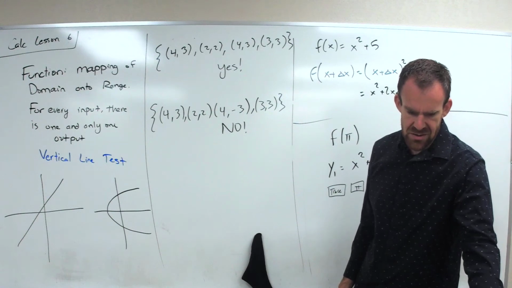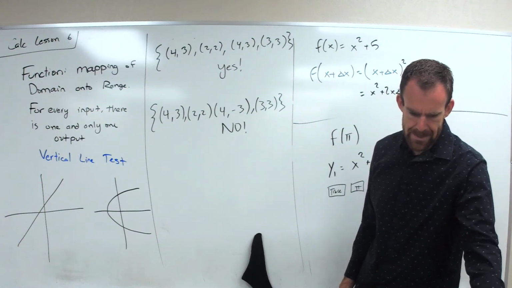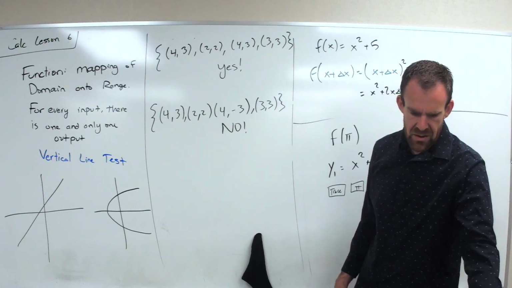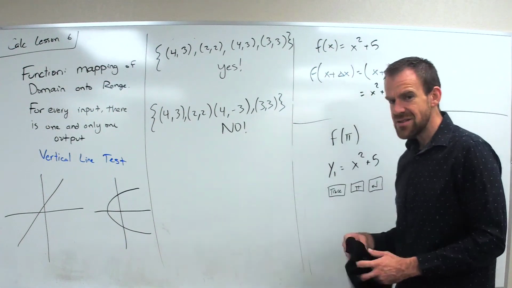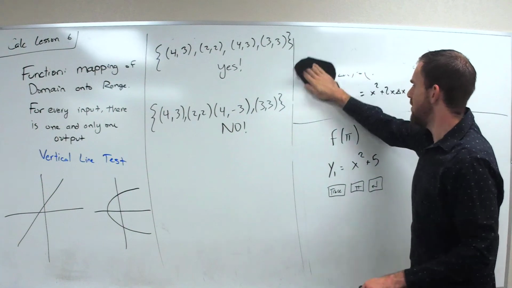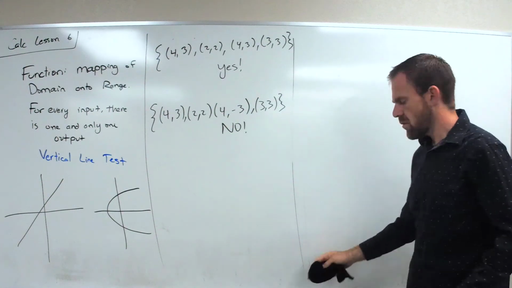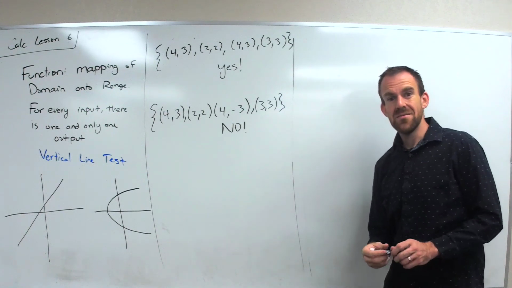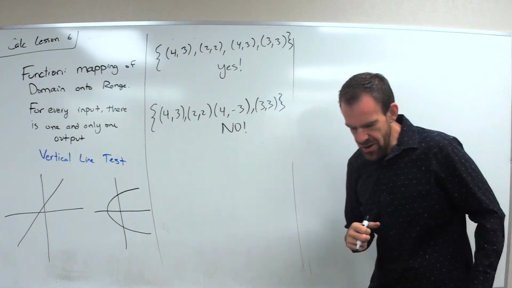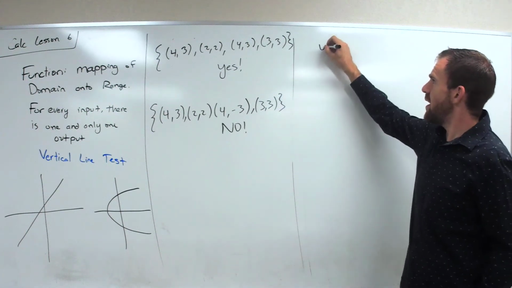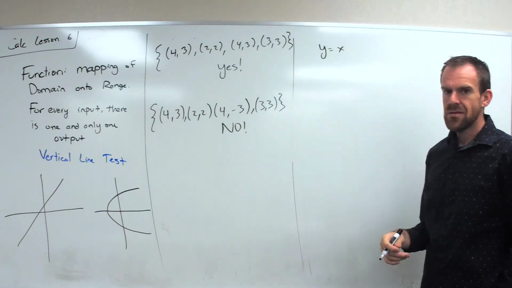Next, we are going to talk about domain and range. So, let's suppose they give you a function. Actually, let's start off with some friendly functions. So, a good function to start with is y equals x. Okay?